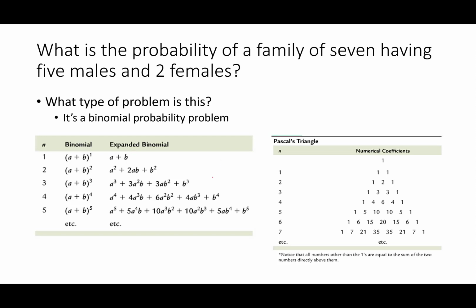And if we expand that binomial, we get all of these different coefficients. You could use Pascal's triangle to identify what the coefficient is. If you notice, Pascal's triangle tells us what we'd expect these to be.